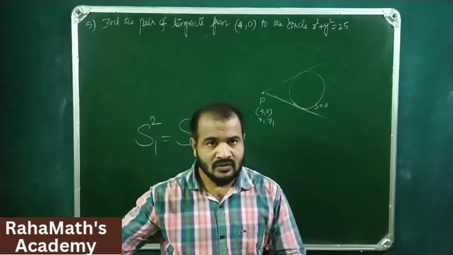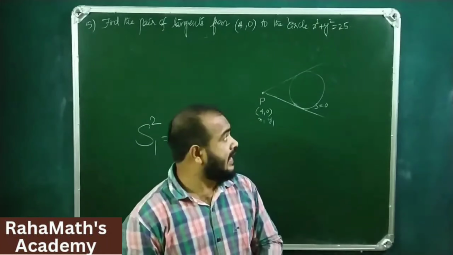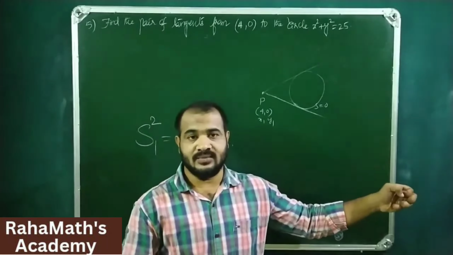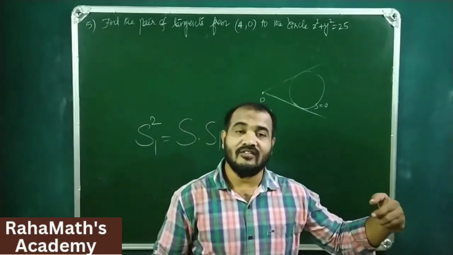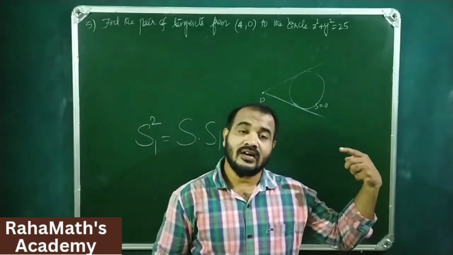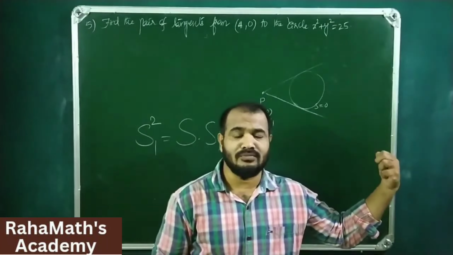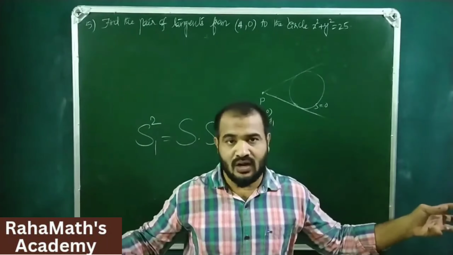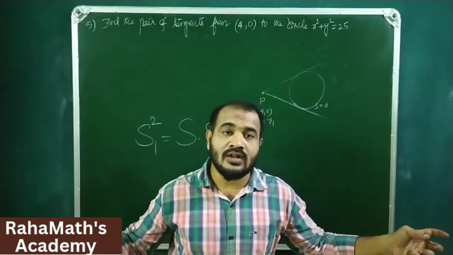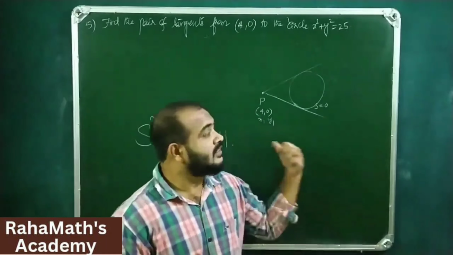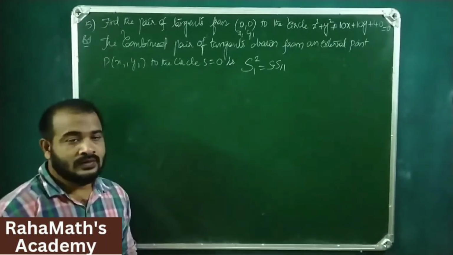That is the combined pair of tangents. If you want the separate line equations, those are whatever we discussed for transverse common tangents and direct common tangents in the last two problems, the individual lines. If you want the total lines, it will be this combined pair of tangents.